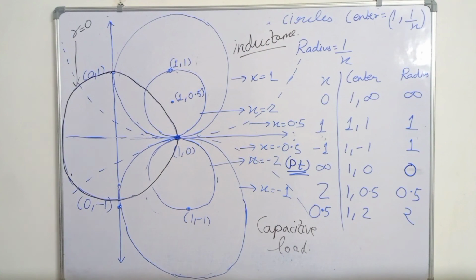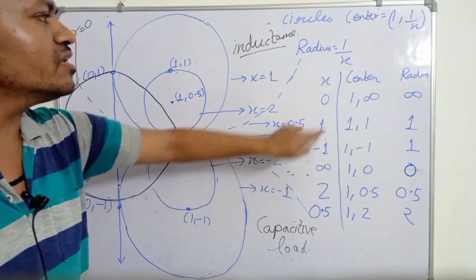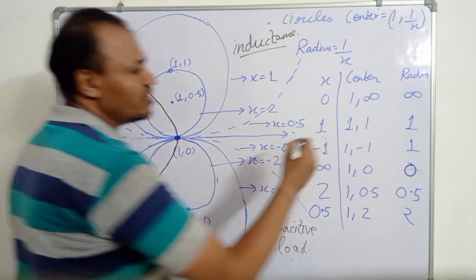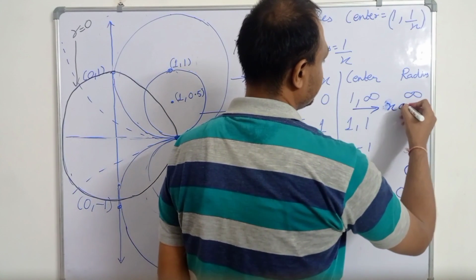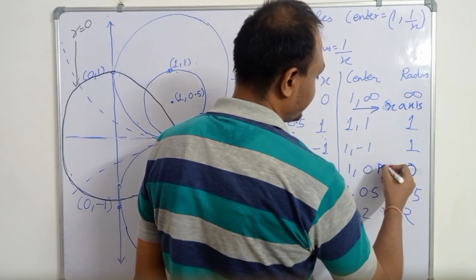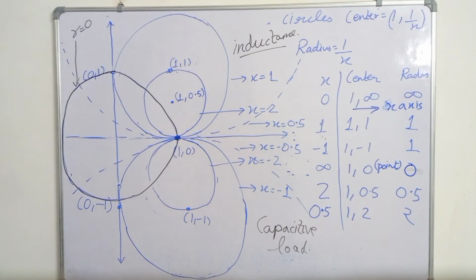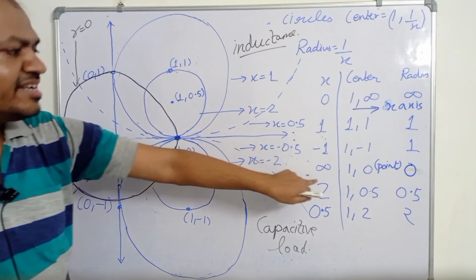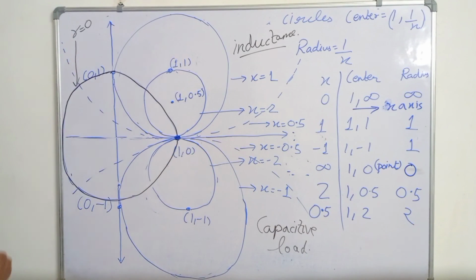And for x equal to 0, the center is 1 comma infinite and the radius is infinite. So for x equal to 0, the constant reactance circle is your complete x axis, and for x equal to infinite it is only the point 1 comma 0.